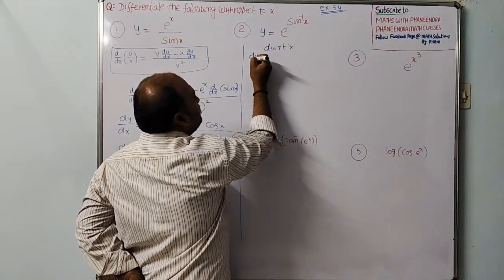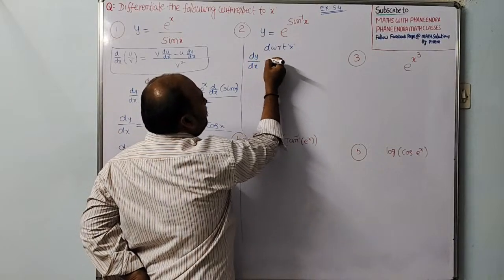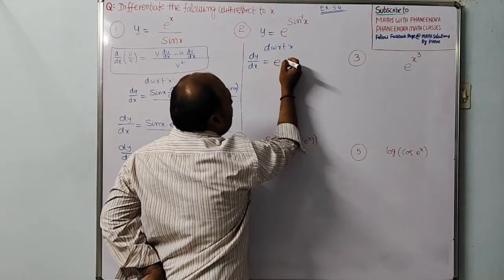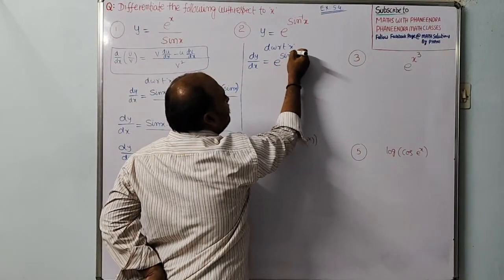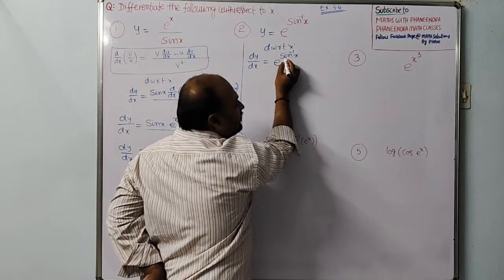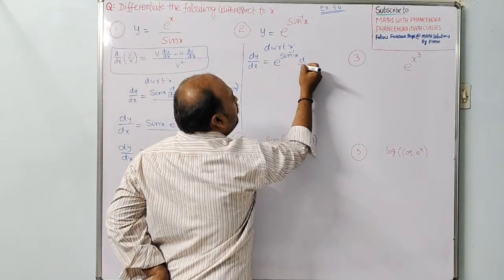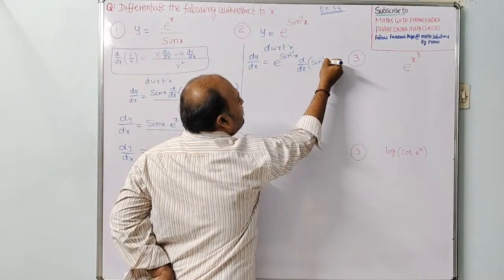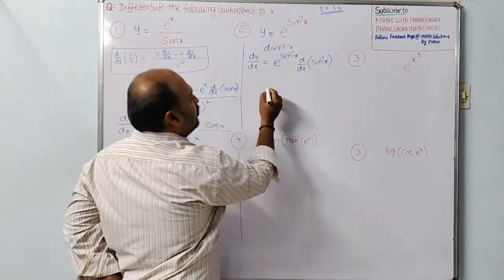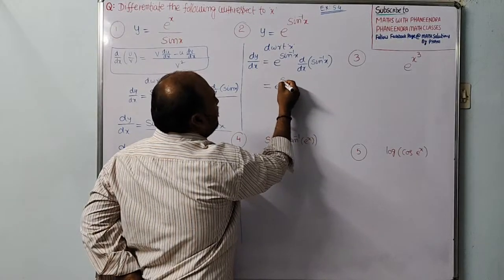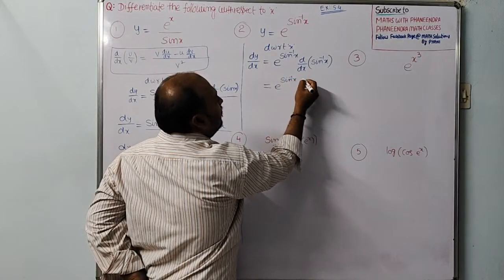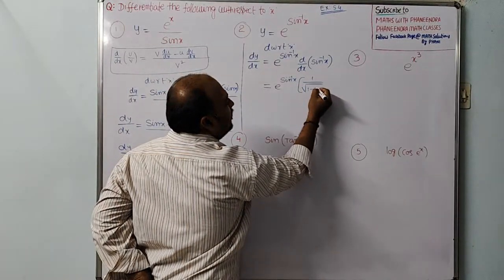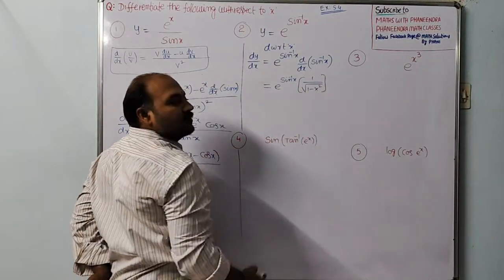The derivative dy by dx equals e power sin inverse x. Again, sin inverse x is a function, so you have to differentiate that function too: d by dx of sin inverse x is 1 by root of 1 minus x square.